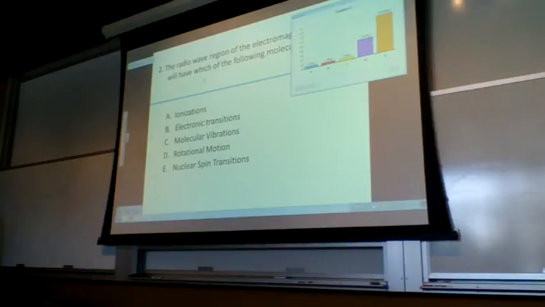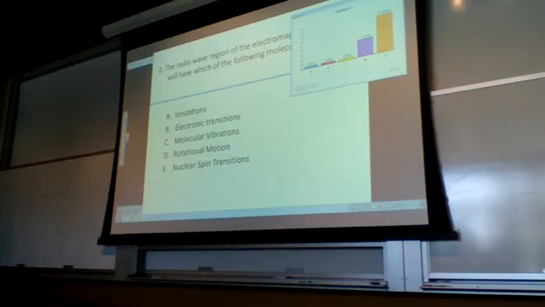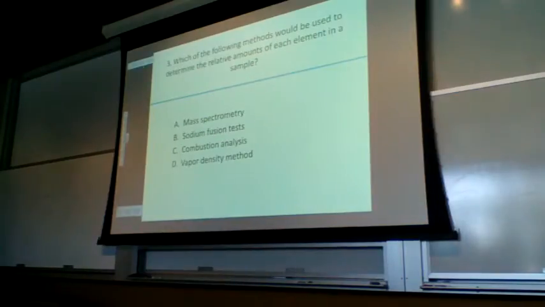So the radio wave is going to do the nuclear spin transitions. So that would be our NMR, and we use radio wave to do those transitions. It's nuclear spin, so it spins on rotation.